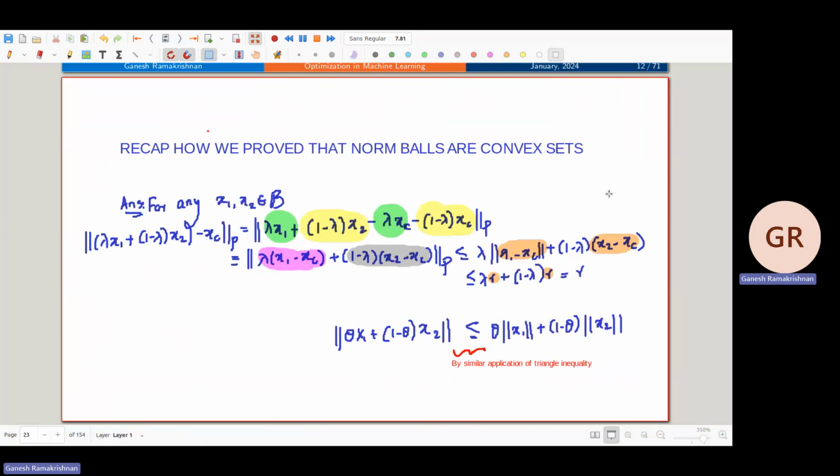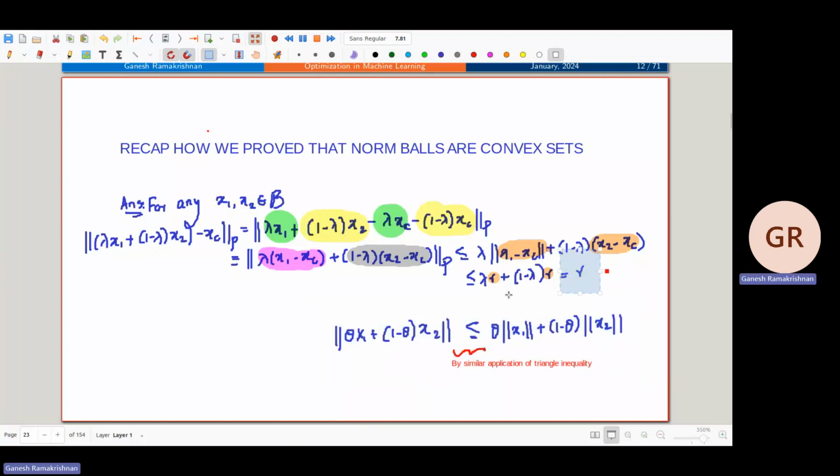So recap how we proved that norm balls are convex sets. We said for any x1, x2 in the ball, you should have these steps, remember. Now, the steps are going to be very similar. So you're just going to show this. This is what you want to show: norm of theta x1 plus 1 minus theta x2 is less than or equal to theta norm x1 plus 1 minus theta norm x2. And you don't have an R here, that's all.